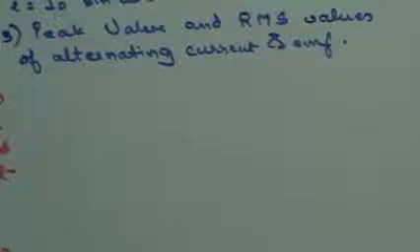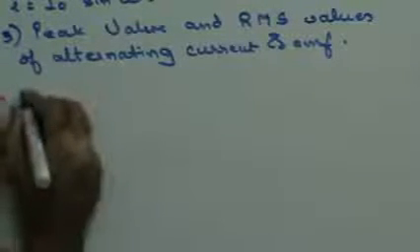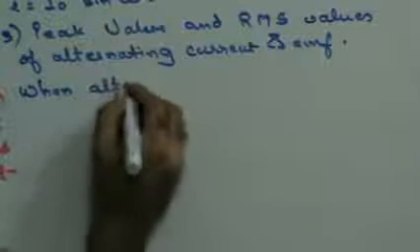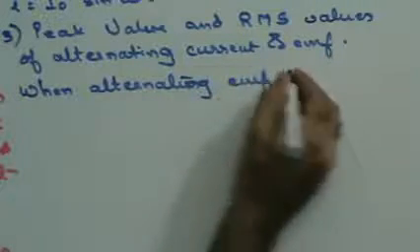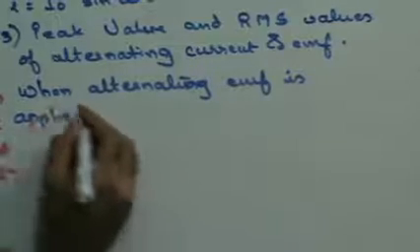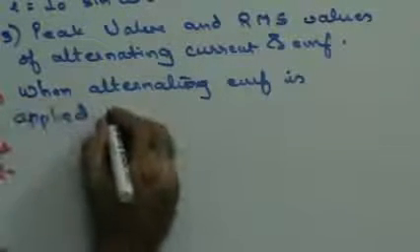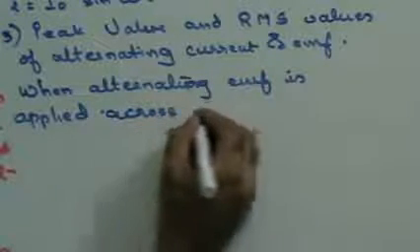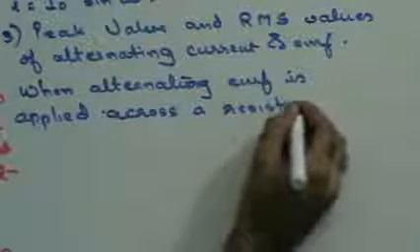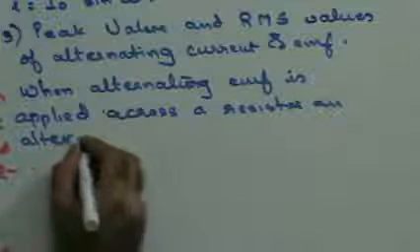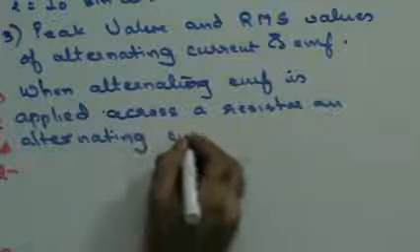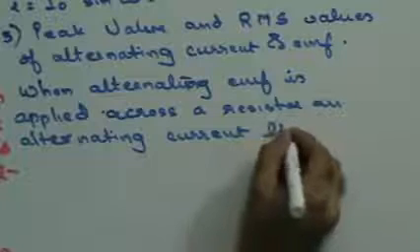Now, when an alternating EMF is applied across a pure resistor, at any instant the current will be given by, when alternating EMF is applied across a resistor and alternating current is induced, current flows through it.